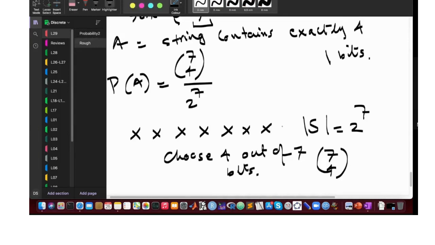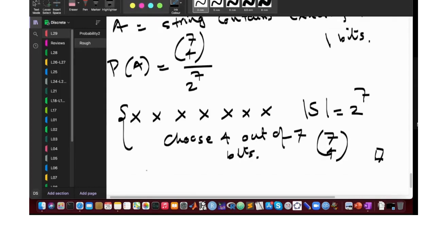But is it clear so far? यहाँ तक ठीक है? Yes, sir. Okay, so there are 2 to the 7 possible strings. उसमें से 7 choose 4 strings ऐसी हैं जिनमें exactly 4 ones होंगे. Okay, let me just sort of ask you the same question. How many strings would you have जिनमें exactly 4 zeros होंगे?